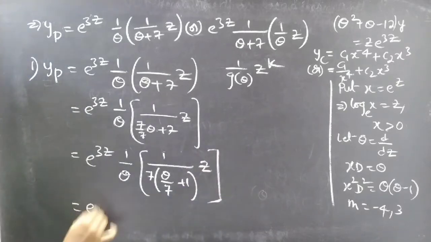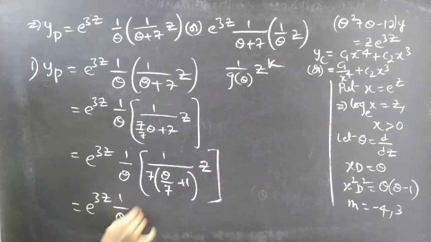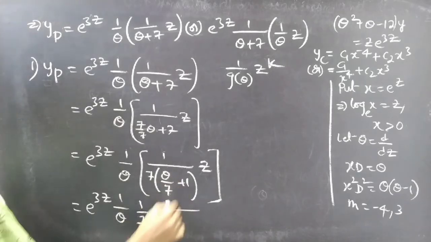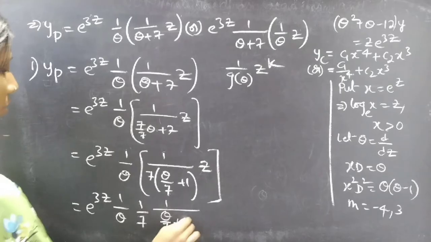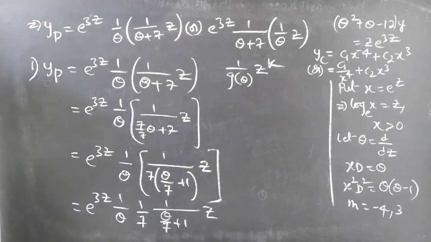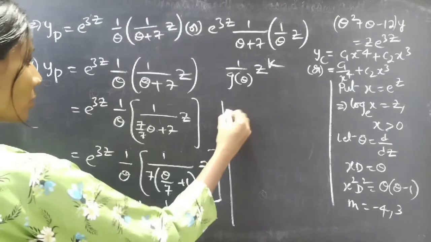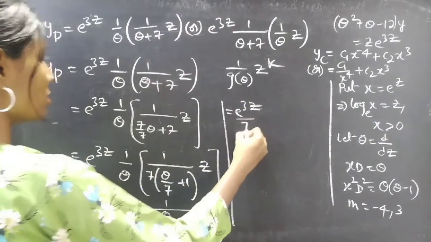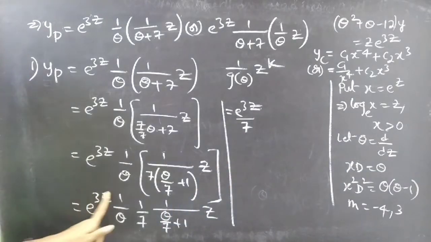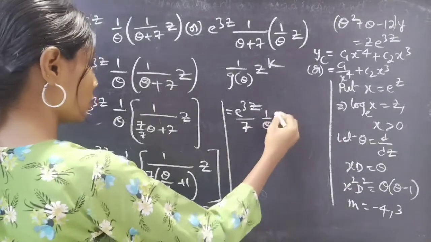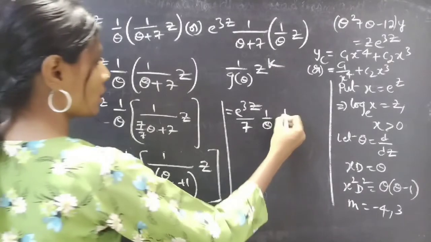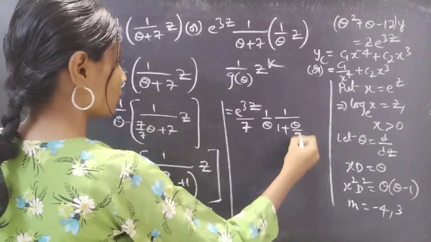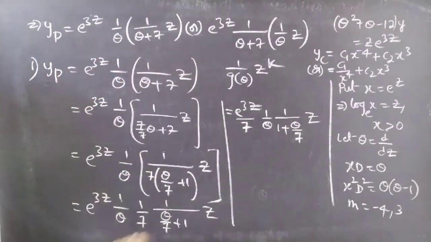This is equals to e power 3z into 1 by theta into 1 by 7 into 1 by theta plus 7 plus 1 into z, right? Which is equals to e power 3z by 7 into 1 by theta into, we can write this fraction as 1 by 1 plus theta by 7 into z, right?